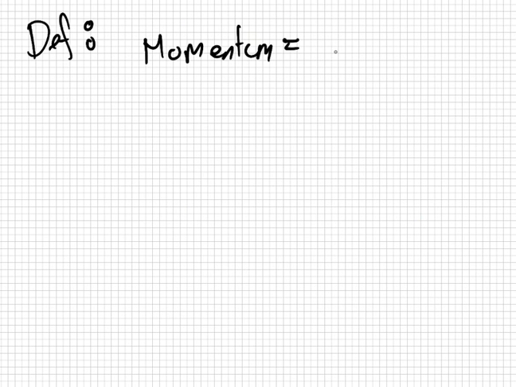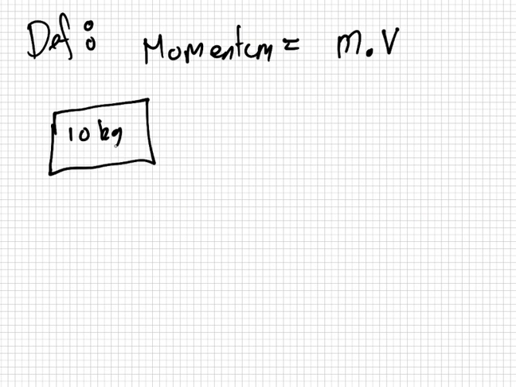Momentum is just a simple formula. It's mass multiplied by velocity. So for example, if this is 10 kilograms going at 20 meters per second, what letter do we use for momentum? It's a little p, isn't it?